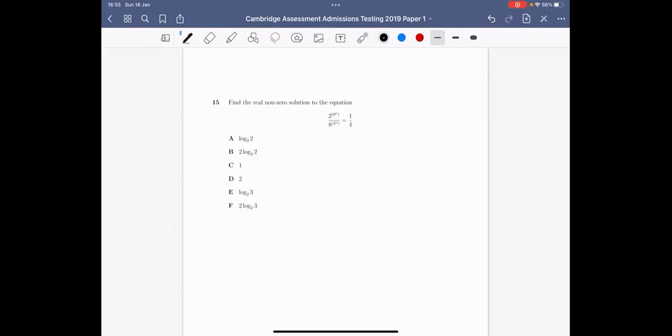Find non-zero solutions to the equation. This looks like another one of those quadratic questions, because I can rewrite 9 as 3 squared, so then this is 3 to the 2x, or maybe 3 to the x, all squared.